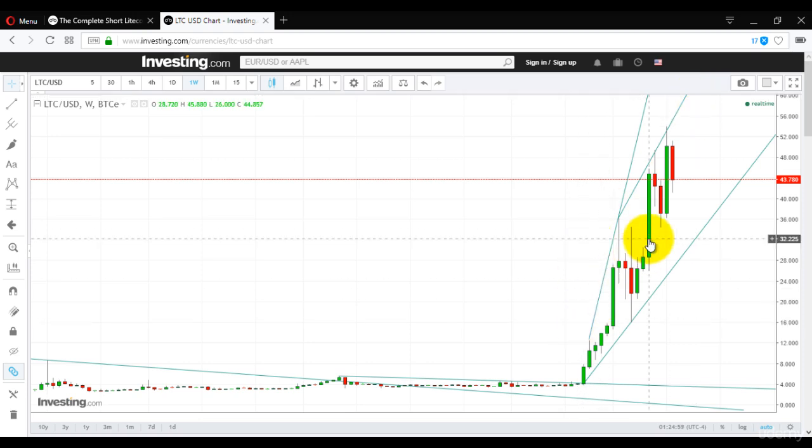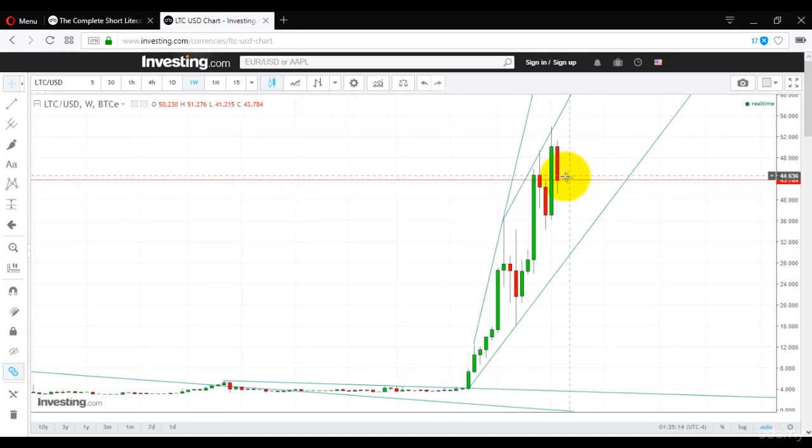So as you can see, the price is moving in this channel. What does the channel mean? A channel means the difference between two trend lines going up, going down, or going sideways. As it is going up, it means that within the next few weeks, it will be rising more.